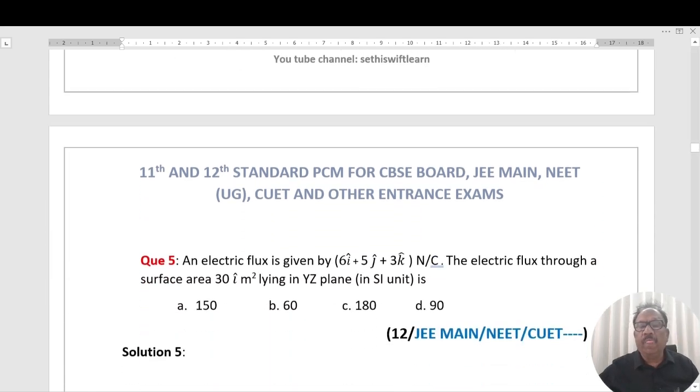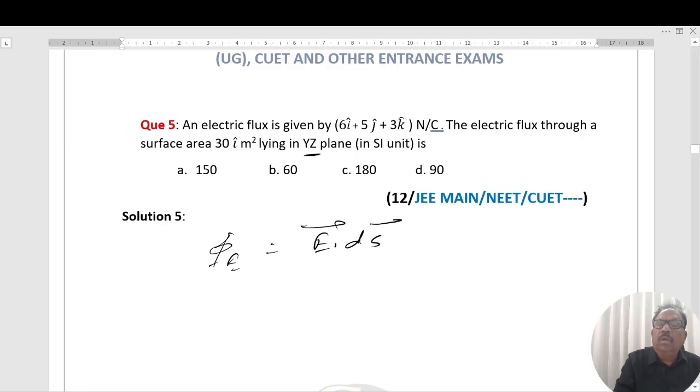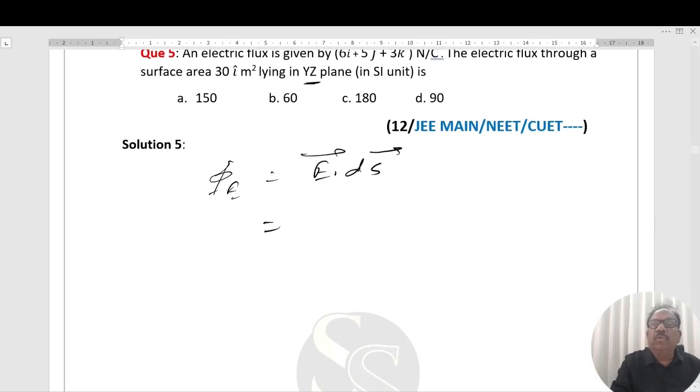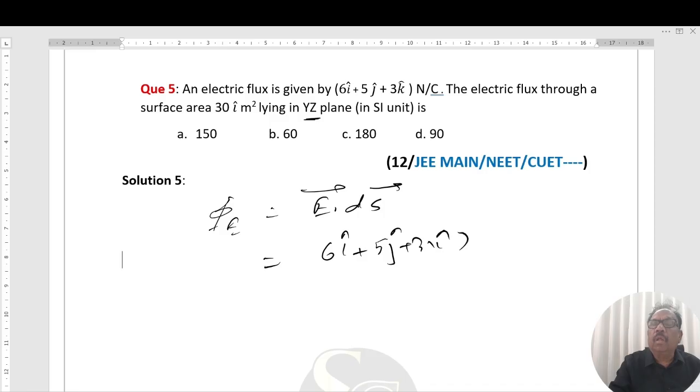The next question: an electric field is given by 6i plus 5j plus 3k units. Find the electric flux through a surface of area 30 meter square lying in the YZ plane. We know electric flux is the dot product E dot ds. E is given as 6i plus 5j plus 3k, dot 30i.